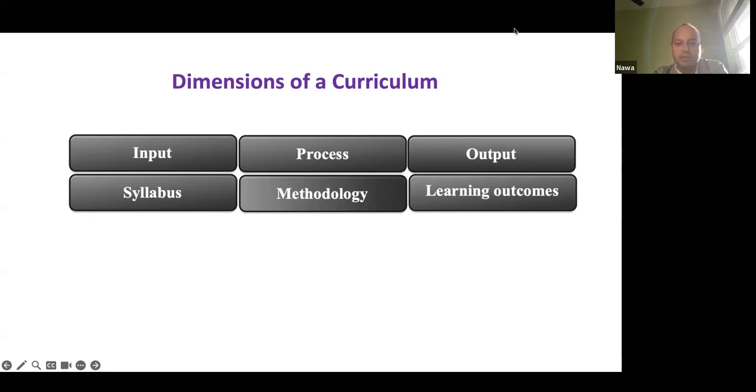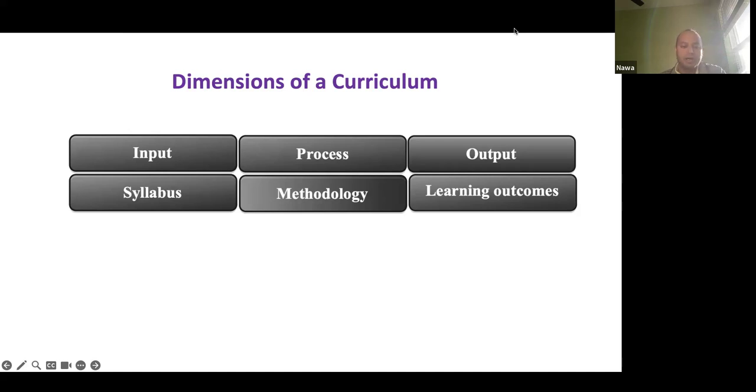The process part is where we determine what we do in the class, so what methodology we use, what teaching activities we use, and how we teach the content that we already decided to teach. And the third part is the output part, where we do the assessments and see if our learning outcomes are met. So we decide what learning outcomes we want to have from the class, and then we decide how to assess them.